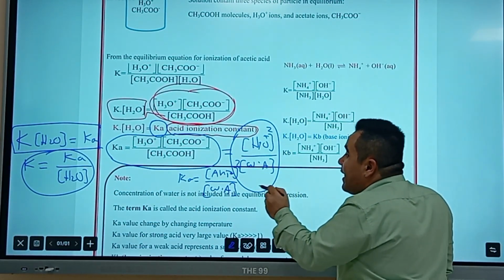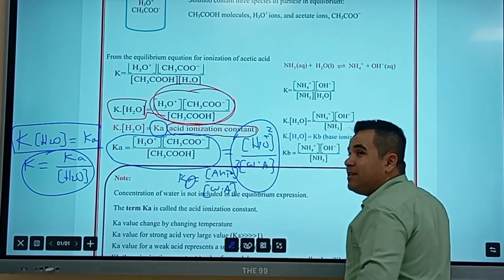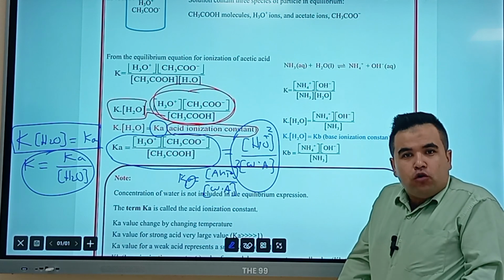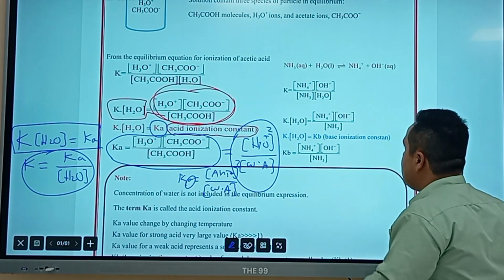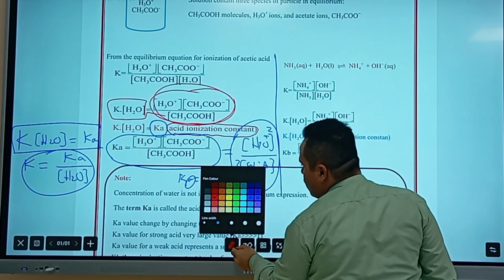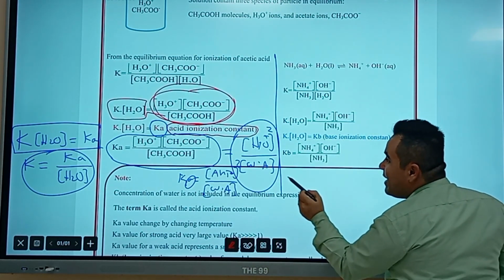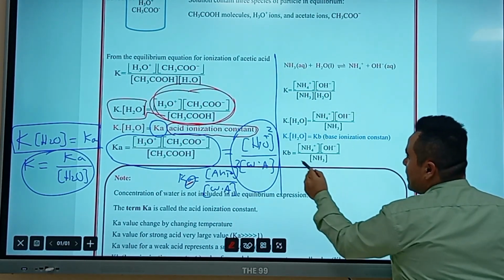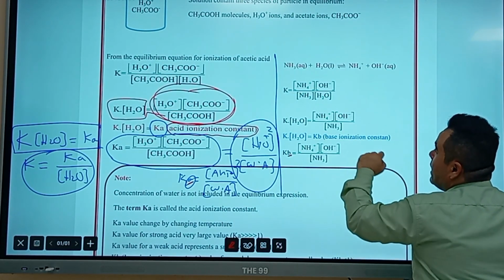As we have the Ka value for the acids, for the weak bases there should be a constant ionization for the bases. Instead of using Ka, we use Kb for the weak bases. The A represents the acids, the B represents the bases.